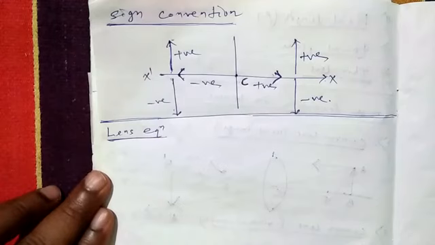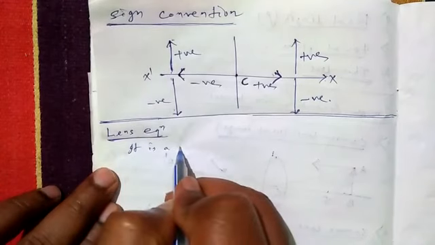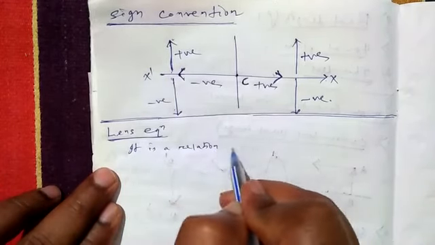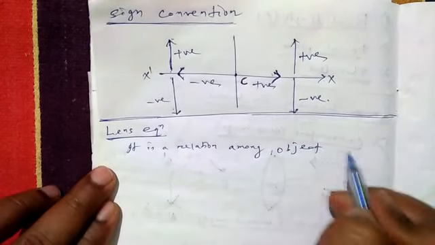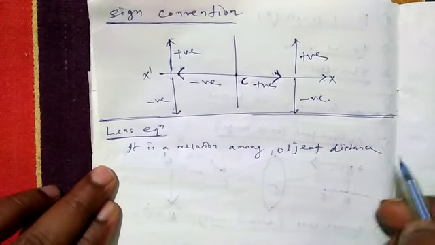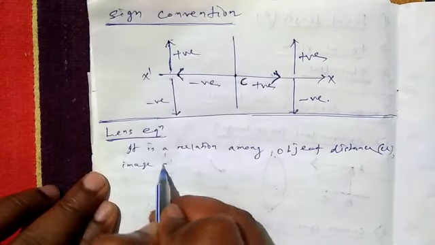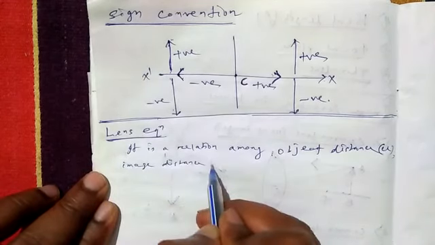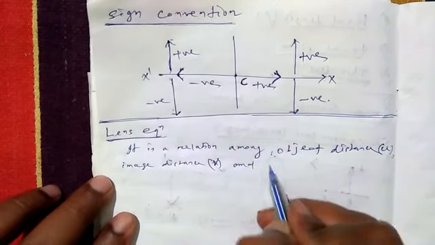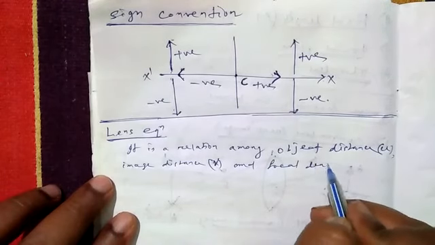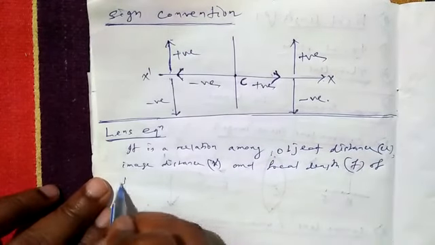What is lens equation? It is a relation among object distance, which is taken by letter u, image distance v, and focal length f of the lens.